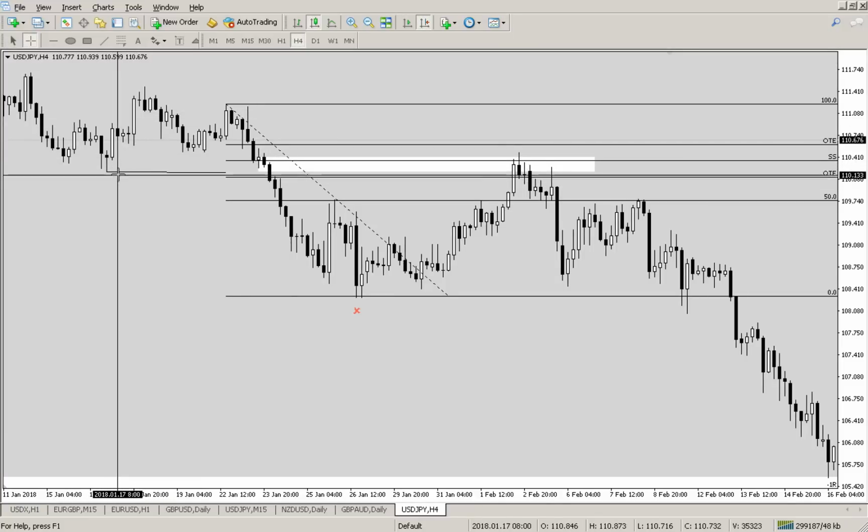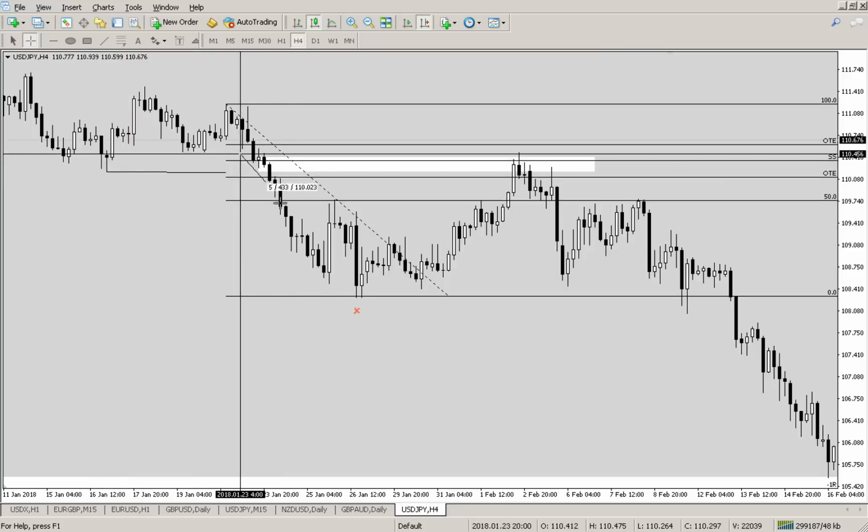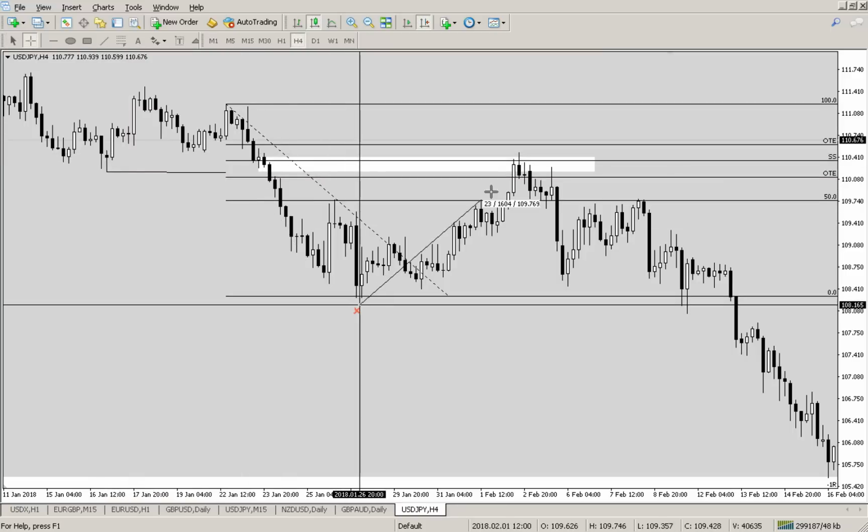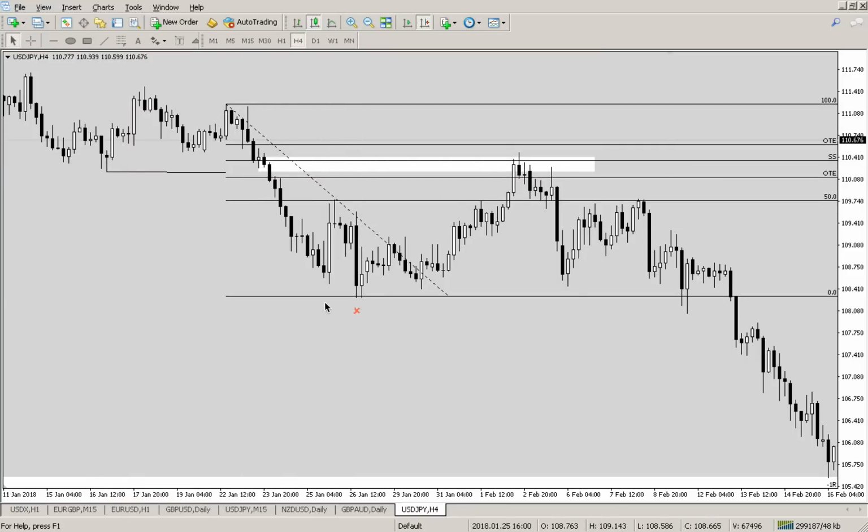And in this situation, guys, it's breaking that structure low. So once we see the structure low break and we see a pullback inside this defined range, then what I want to see is for price to come into our resistance level, come into our optimal trade area, and then for it to go and take out the previous structure low.